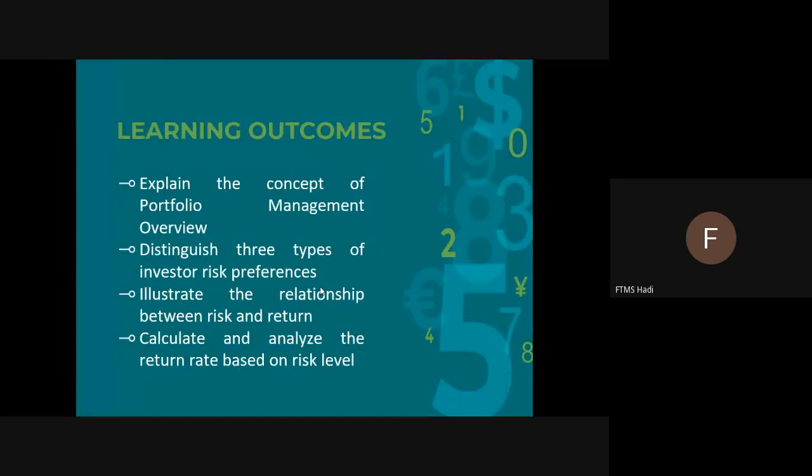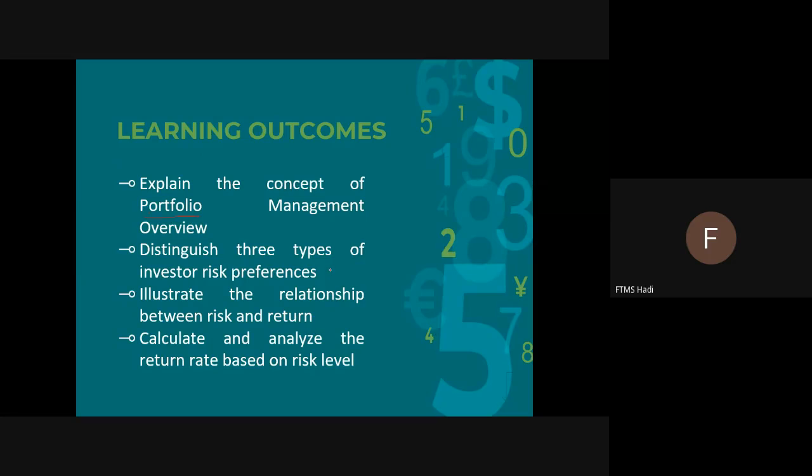Here are the learning outcomes. In this chapter, you will explain the concept of portfolio management overview. The keyword here is portfolio. Then distinguish three types of investor risk preferences.